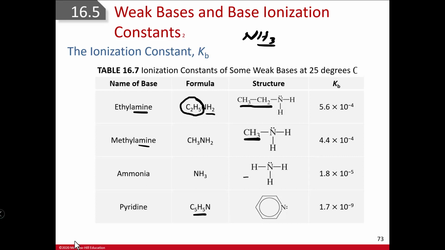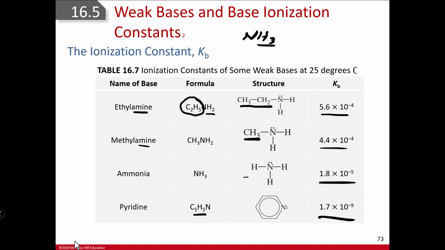Again, notice these basicity constants are all very small. They're all less than one, and that tells us that the molecular base is preferred over the ionized base, the one that has the hydroxide ion on the product side. So let me show that again up here.